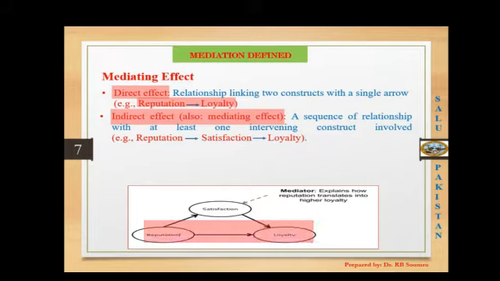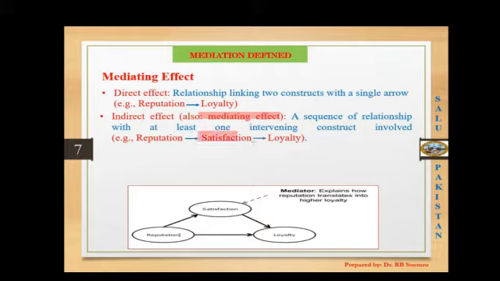Now the indirect effect is also called the mediating effect. When you insert a mediator, it becomes a mediating model, because there is a mediator. Here the mediator explains how reputation translates into high loyalty. That is the job of the mediator when you insert it into your model.